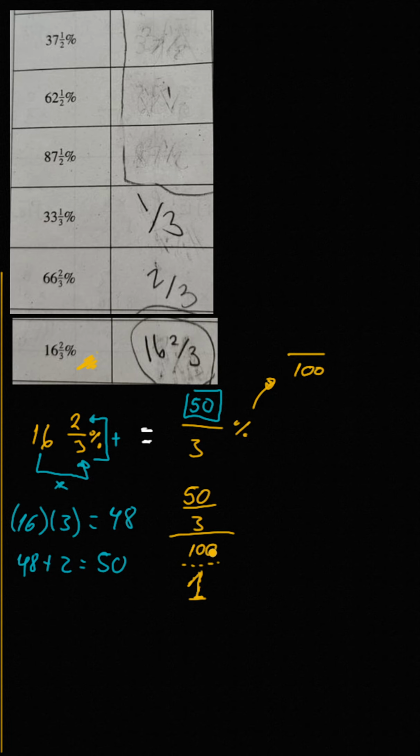So it's 100/1. For example, if you have the number 5, you can always add the denominator 1, because 5 divided by 1 is 5. This can be helpful with any type of fractions.